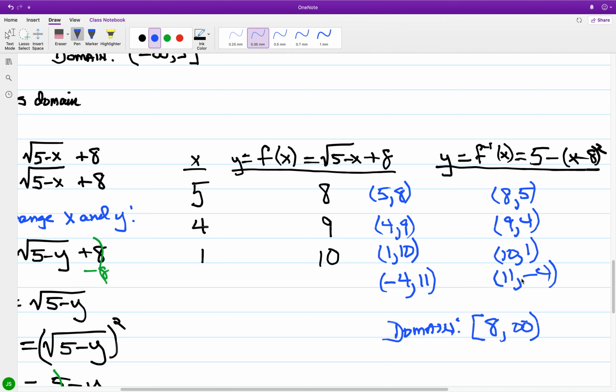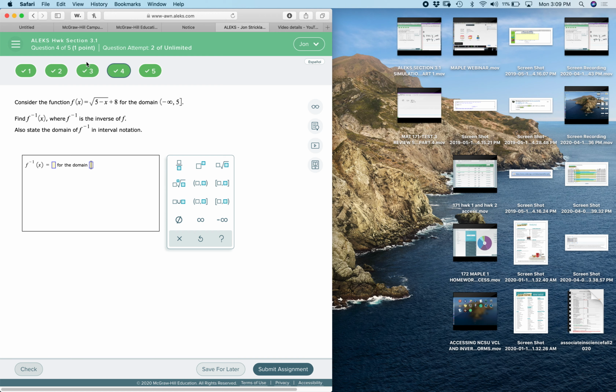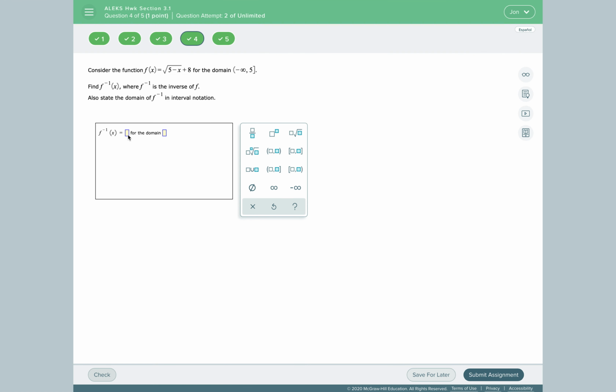So just looking at what we have in this regard, we have 5 minus the quantity squared, and for the domain, we have going from 8 inclusive out to infinity.